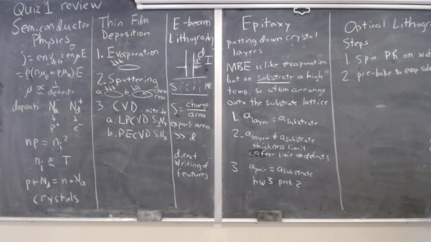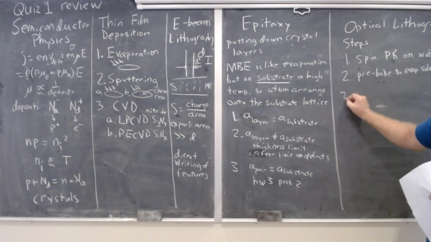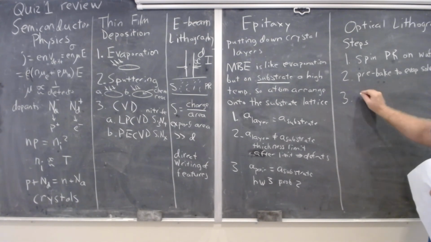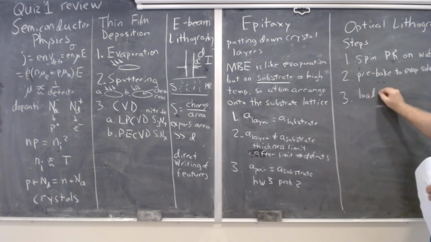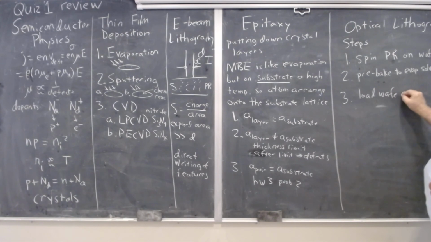Okay, and so you take your wafer, you spin on photoresist, and you pre-bake to get the solvent out. Then you have your wafer ready, and then three, you load wafer and photomask.